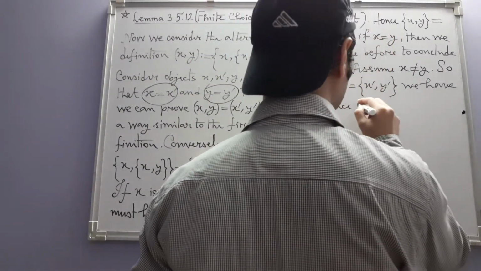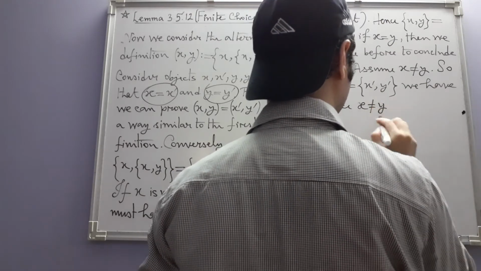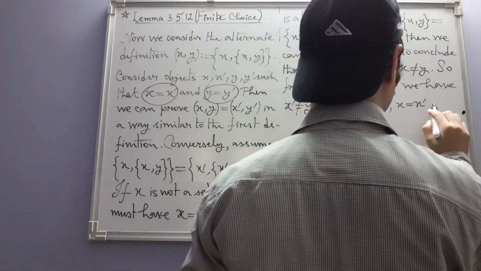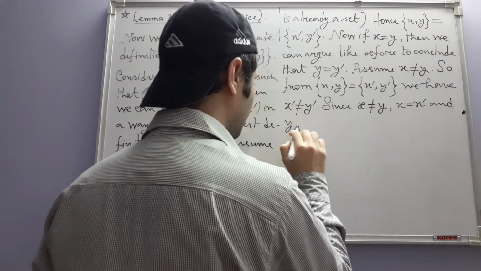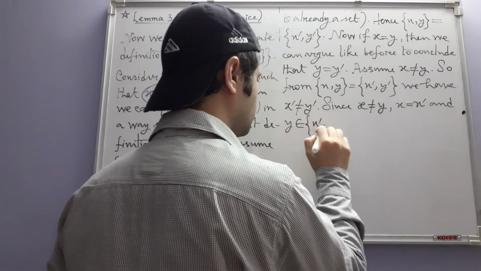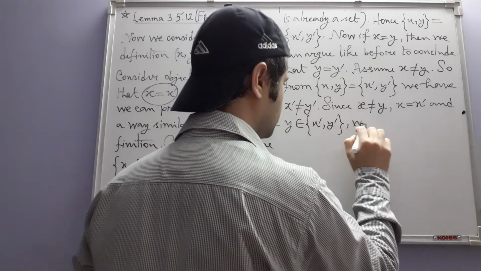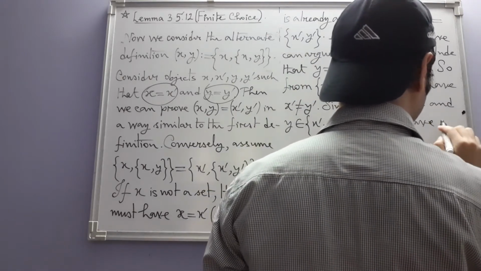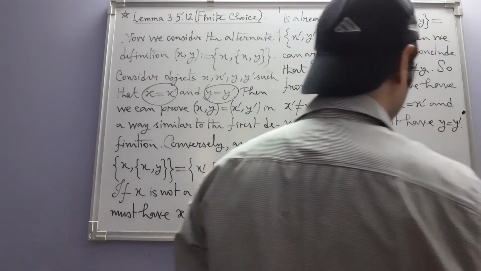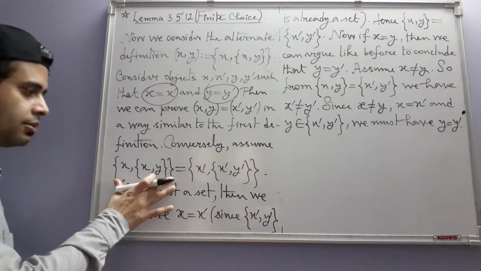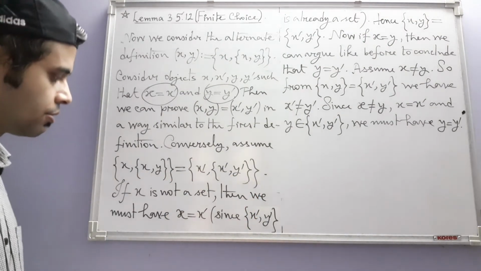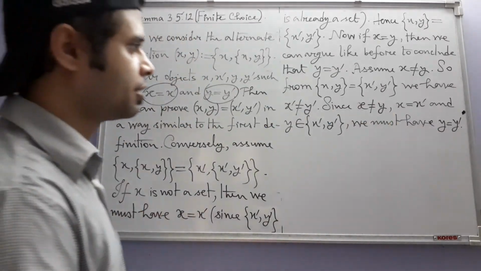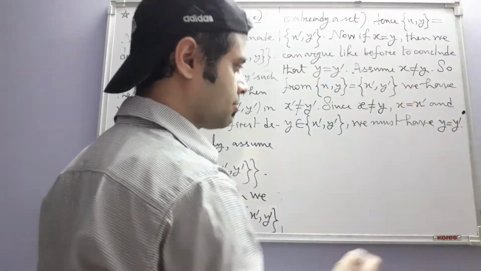Since x is not equal to y, x is equal to x prime, and y belongs to x prime comma y prime, we must have y is equal to y prime. So this assumption has led us to conclude that x is equal to x prime and y is equal to y prime in both the cases, if x is equal to y and x is not equal to y.